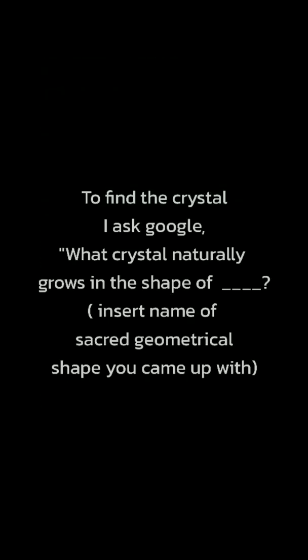So let's say, for example, if the number 444 was associated with, I don't know, let's say a rhombus. Now I want to understand what is the crystal that's associated with the rhombus. Let's say that crystal is citrine. I don't know for sure, but I'm giving you an example. Let's say that it's citrine.